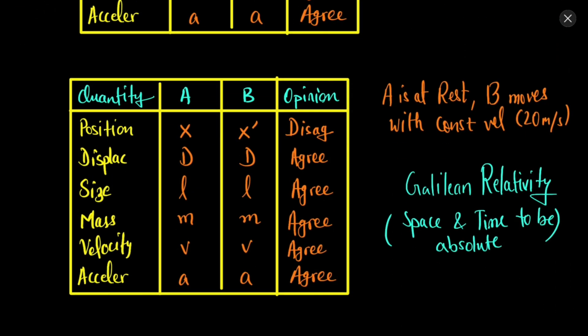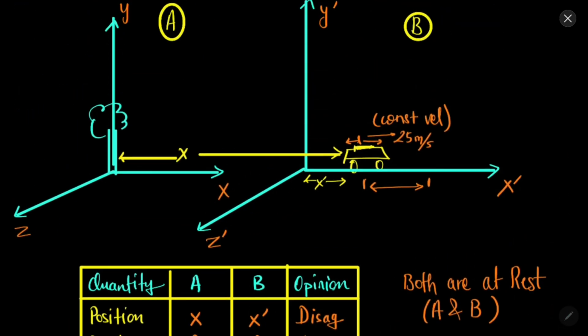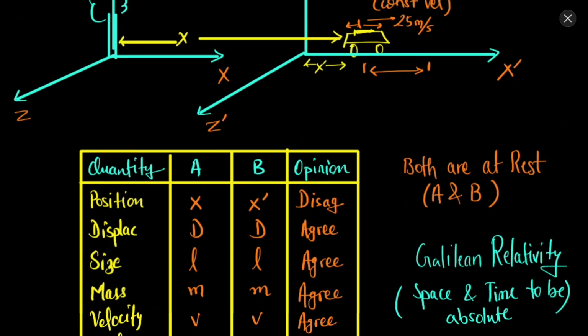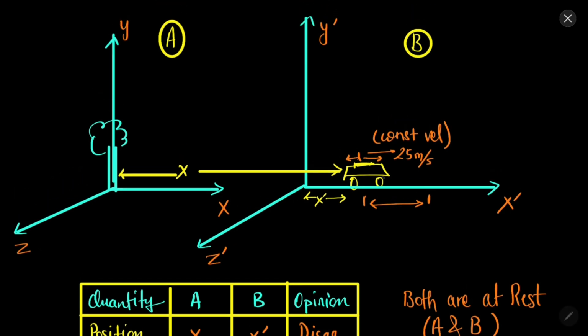So will they be agreeing or disagreeing on various factors? They will be disagreeing on position, agreeing on displacement, agreeing on the length, agreeing on the mass, but they will not be agreeing on the velocity. Because in the frame of reference which is stationary, the car will be moving with 25 meters per second, but in the second frame the speed of the car will be only 5.